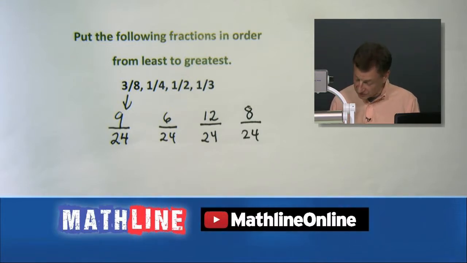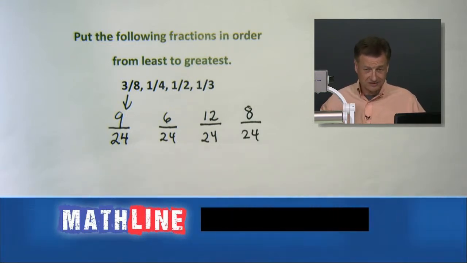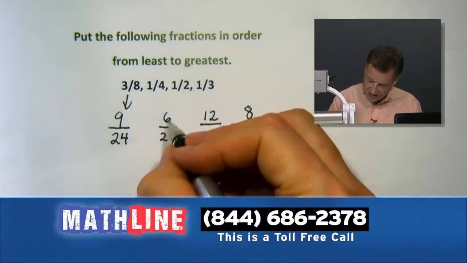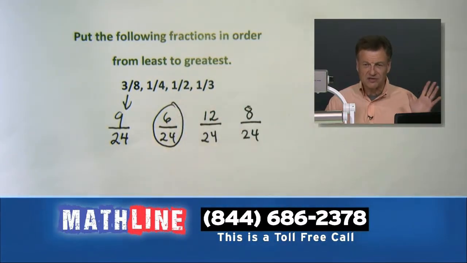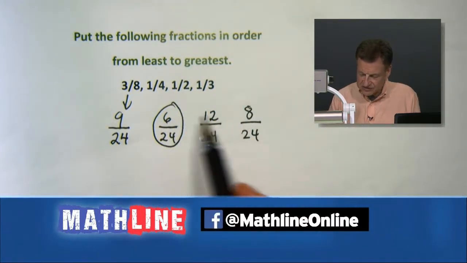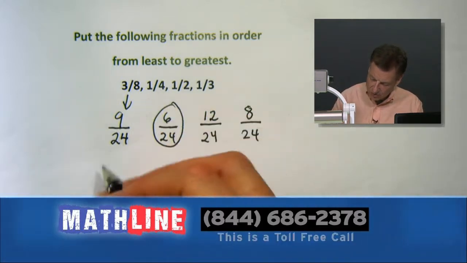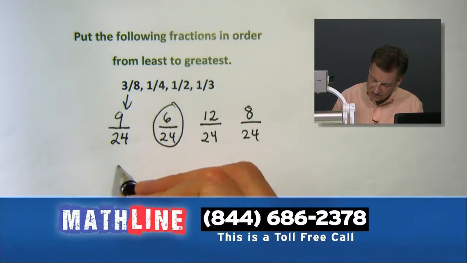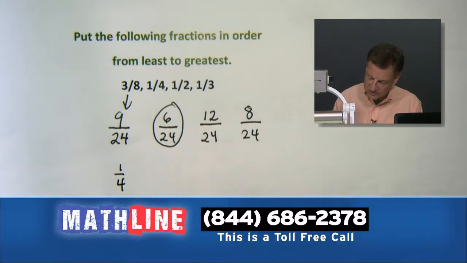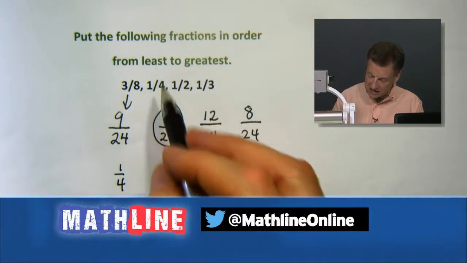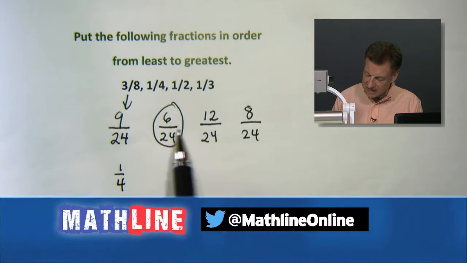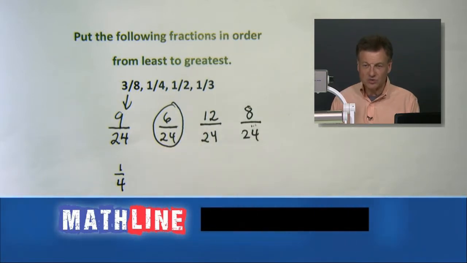Now it's just a matter of not worrying about the 24s. They're all the same, right? So let's go to the top. This is definitely the smallest, because 6 is less than 8, 6 is less than 9, 6 is less than 12. So we'll pull the 1/4, which goes with that, right there. So 1/4 is the least. Our next one, how about it? I'm seeing 8 out of 24 there.